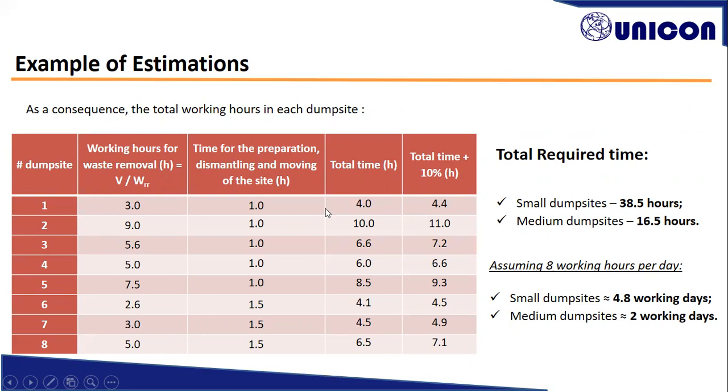In particular, the total time is shown in the fourth column. However, you have to add an additional 10%. As a consequence, total time with this additional 10% is represented in the last column.